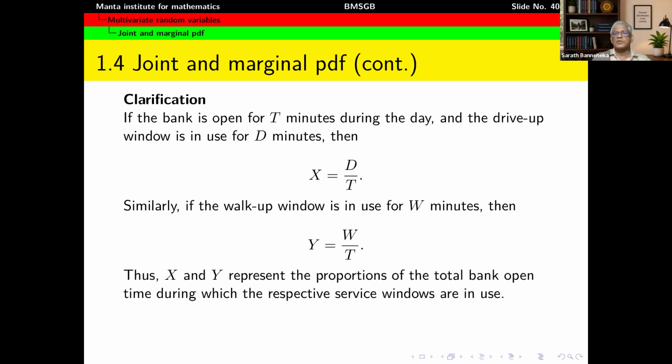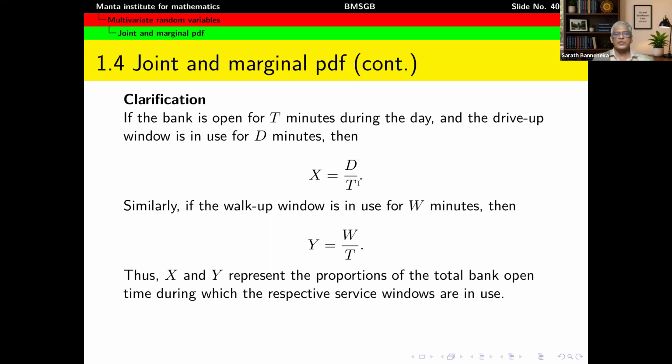But first of all, to clarify what these random variables are, because they say it's the proportion of time a particular window, walk-up window or drive-up window, is in use, right? In order to define that, if the bank is open for T minutes during the day and the drive-up window is in use for D minutes, in that case, X will be D divided by T. So both are in minutes.